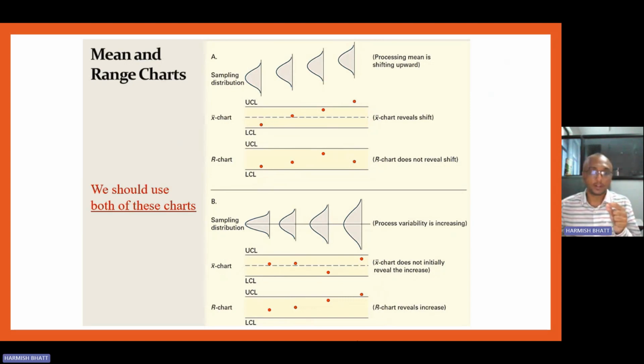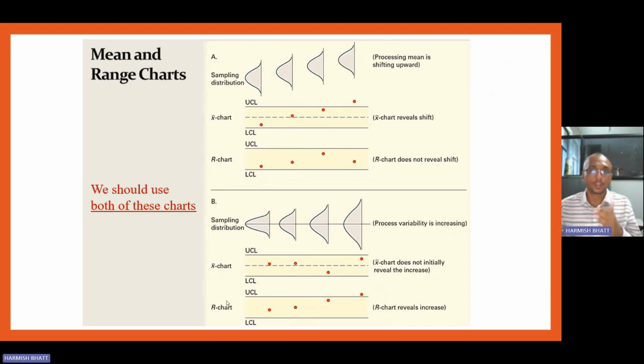But if you only refer to the R chart of it, you will find that for sample number 4, the data point has crossed the UCL limit. So our chart suggests to us the process is not under control in case B.